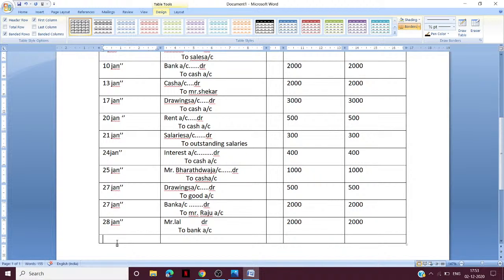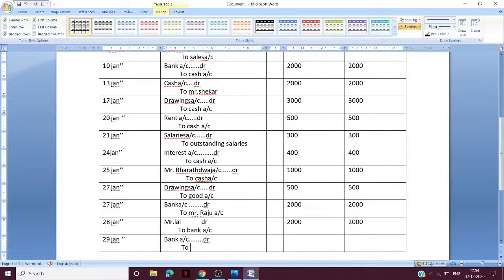Let us do that on 29th of Jan. See, what are we allowing? Interest. So interest account. That simple. Amount is 300 on both the sides.